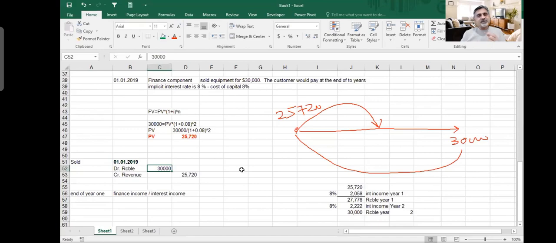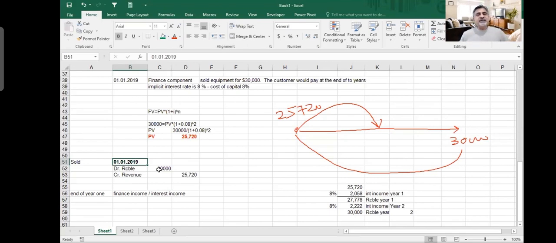So when the customer came in on the 1st of January and you made a deal that I will give you this equipment, you will pay me 30,000 after 2 years, and you made the invoice. Let's suppose 1 week later the customer comes in and says, I requested a 2-year credit, but somehow I found some cash, I want to pay it now.